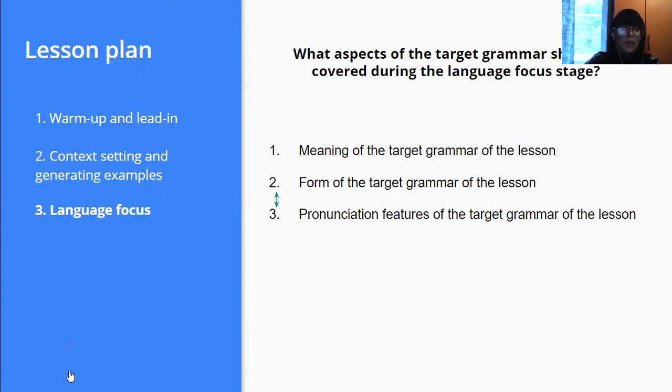Because again, we're talking about the inductive approach, because our students are supposed to understand why exactly they go through this grammar piece. Of course, pronunciation features matter a lot, right? It's also critical and crucial to cover pronunciation just because there is an obvious reason for that.